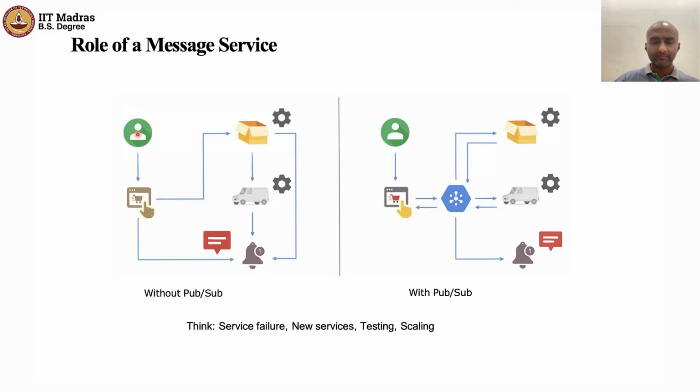That makes no sense. Likewise, for the packaging service to go tell the logistics provider, which is usually an outsourced company, that I'm ready, pick up the package, means that these two have to be tightly coupled. They need to know each other.